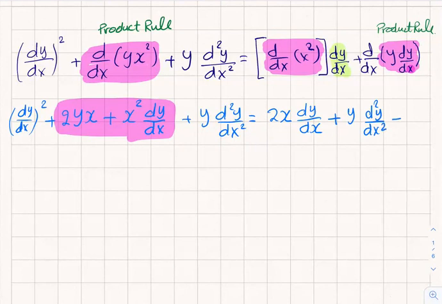Plus the second, dy/dx, multiplied by the derivative of the first. The derivative of y is dy/dx. So plus dy/dx multiplied by dy/dx. This is the pink here.